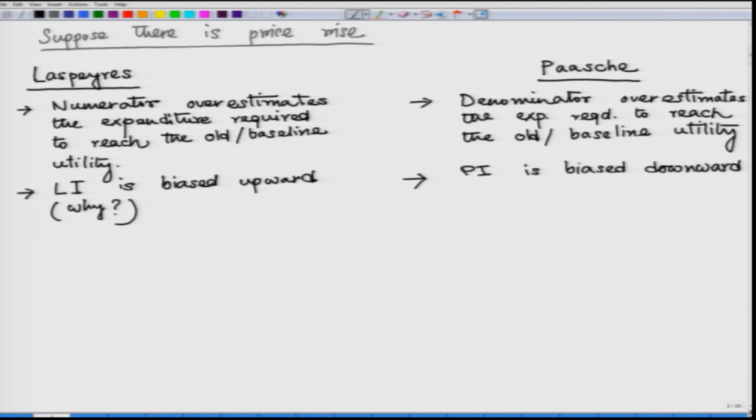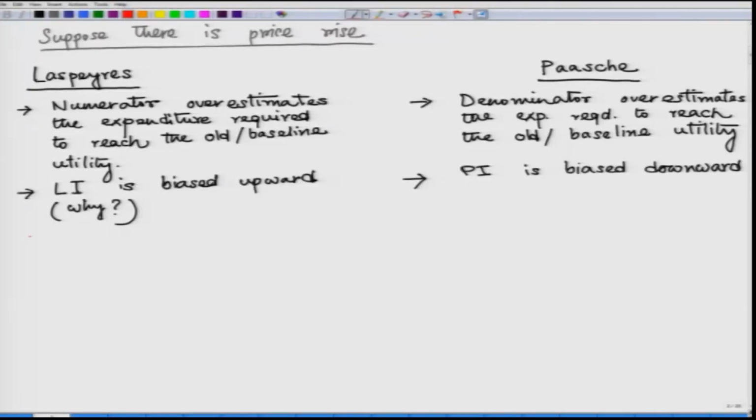So, now the question remains, is there any index number which does not have this kind of substitution bias? The answer is yes. As the Laspeyres and Paasche give two different dimensions of the problem, one biased upward and the other biased downward, one may think of some kind of average of these two, and Fisher cost of living index exactly does so.